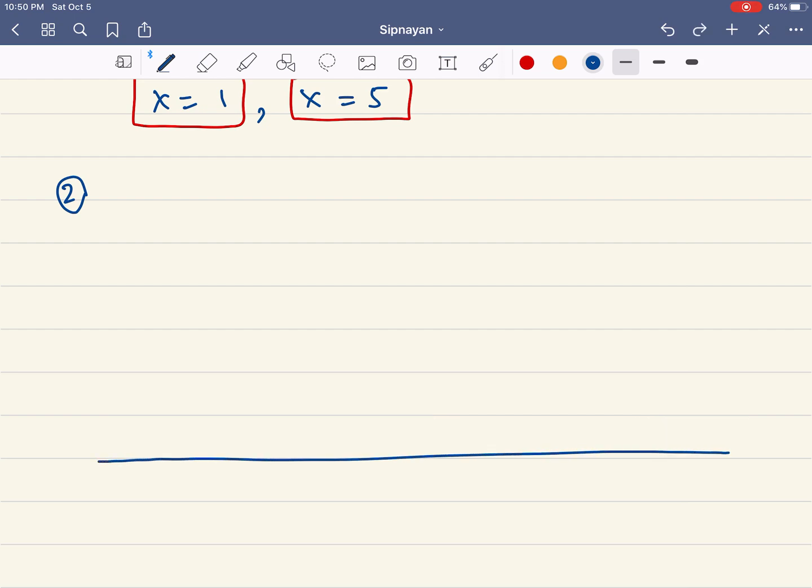Anyway, this is negative 1, this is 0, this is 1, 2, 3, 4, 5, 6, and 7.